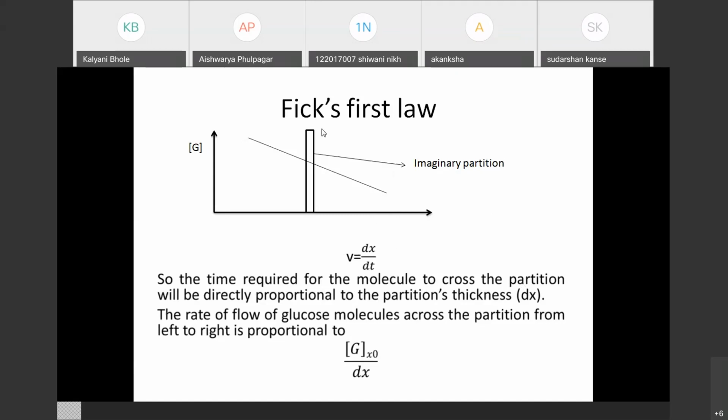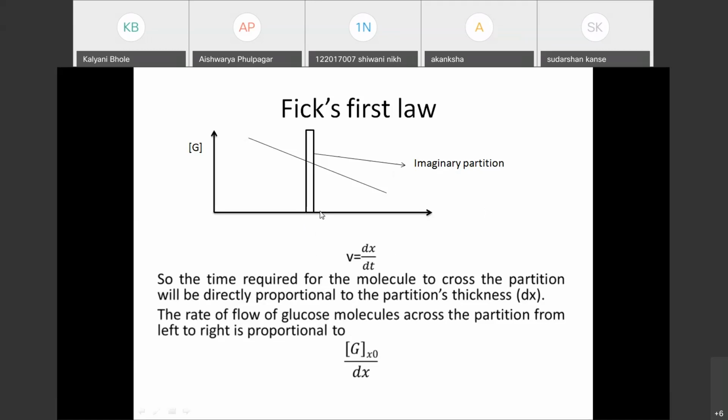Consider a very small partition whose thickness is only dx. The concentration to the left side of this partition will be x0, and the concentration to the right side of the partition will be x0 plus dx.